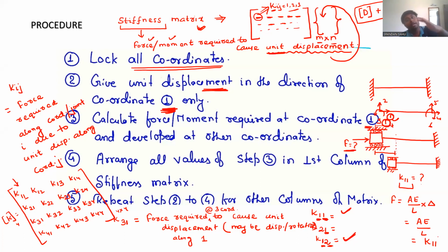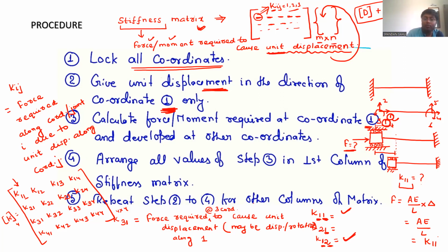You have to get that unit displacement along that direction only. But to obtain that unit displacement, you need to calculate the forces along all those joints or coordinates available. For all those KIs of the structure, you have to calculate the force due to unit displacement along your direction or coordinate 1. So this is the description of step 4.